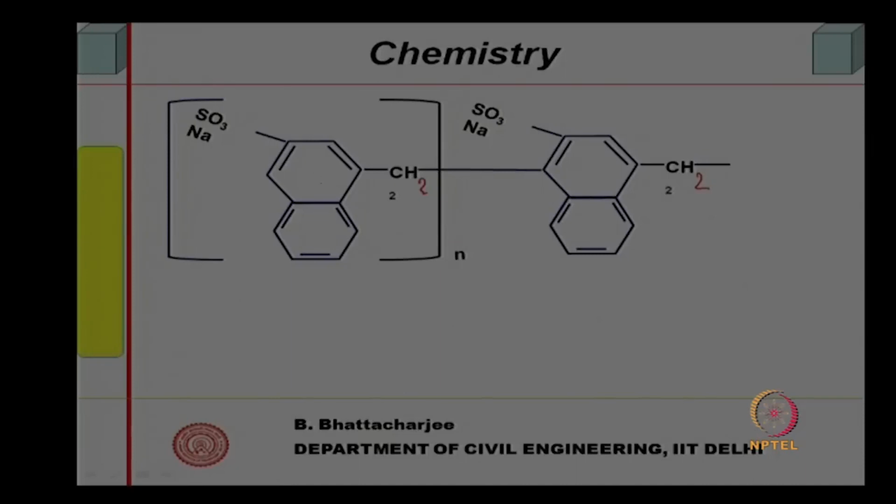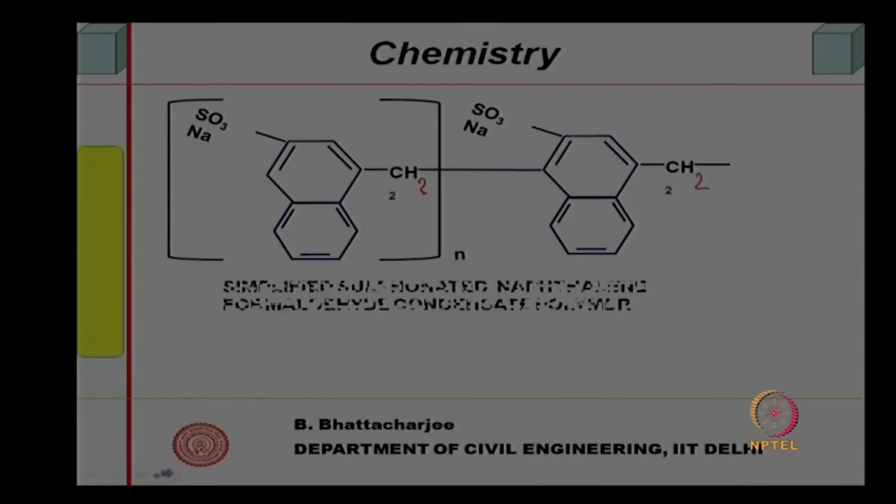Naphthalene is two benzene rings combined together, and in one of its arms would be SO3 Na, right. This is the simplified formula shown of the sulfonated naphthalene formaldehyde condensates polymer.